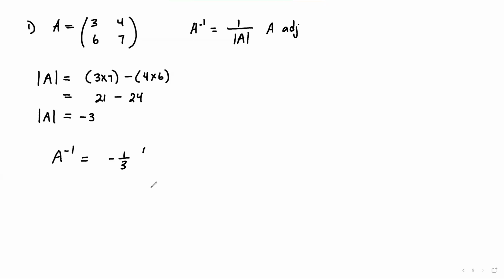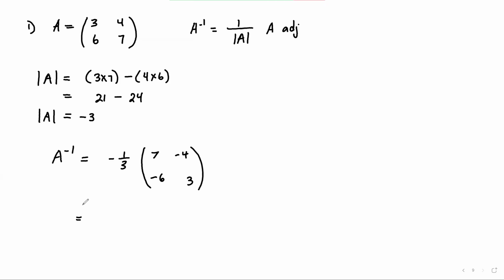All of that by the adjoint, which is, you swap 7 and 3, and then you change the signs of 4, so that'll be -4 and -6. And now you multiply it out.